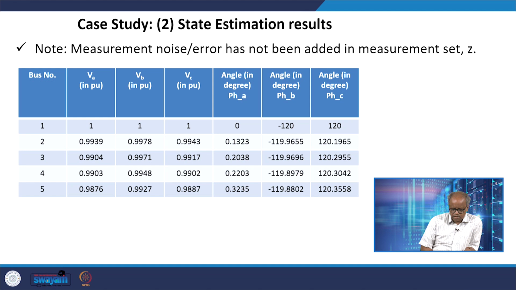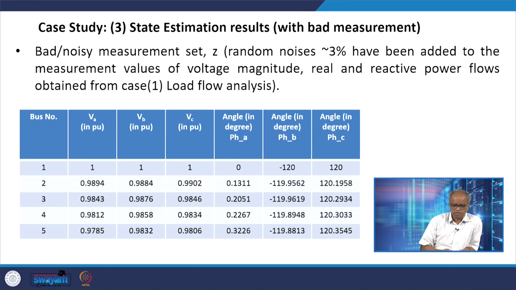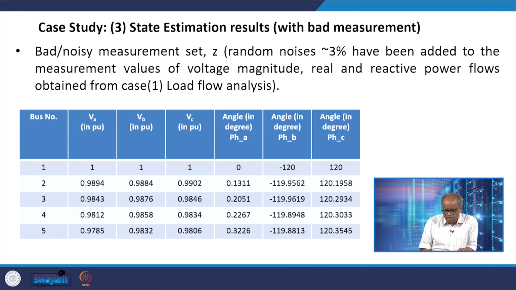You can see that these values are different from the actual load flow analysis values. In the presence of noise, estimated values can never be equal to the ideal values; it is impossible. But because we don't have any direct measurement of these voltage magnitudes and angles, we are trying to do this state estimation, and you see their estimated values are reasonably close.